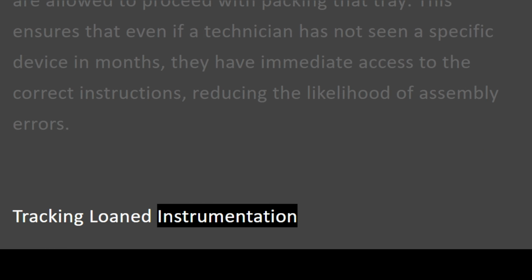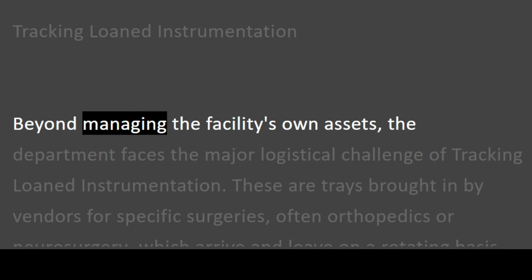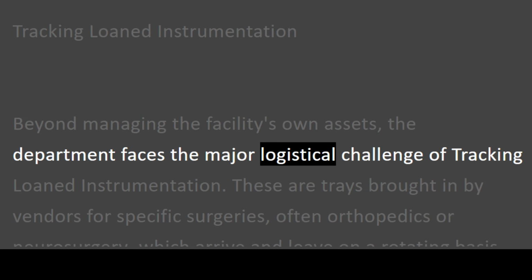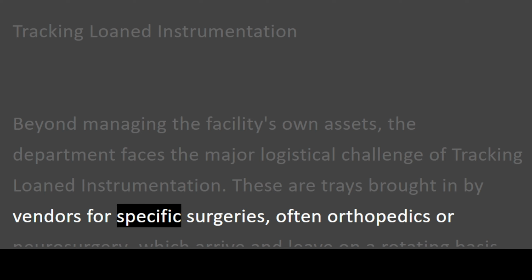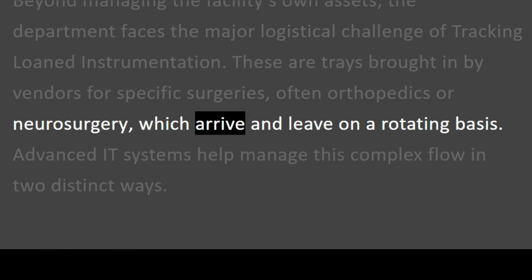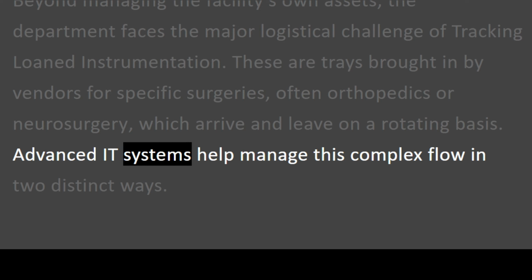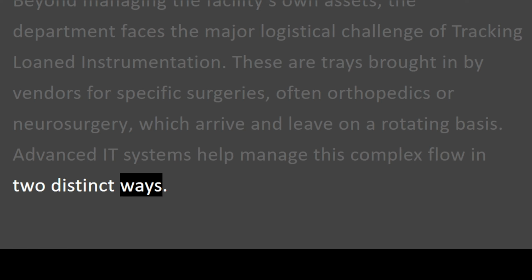Tracking loaned instrumentation. Beyond managing the facility's own assets, the department faces the major logistical challenge of tracking loaned instrumentation. These are trays brought in by vendors for specific surgeries, often orthopedics or neurosurgery, which arrive and leave on a rotating basis. Advanced IT systems help manage this complex flow in 2 distinct ways.